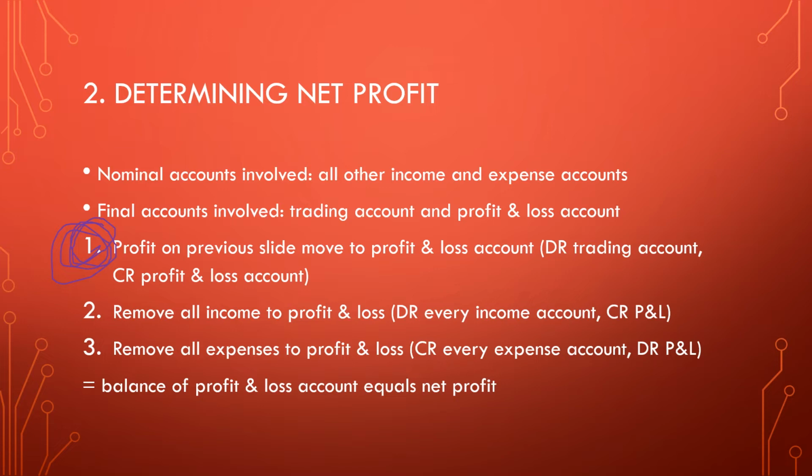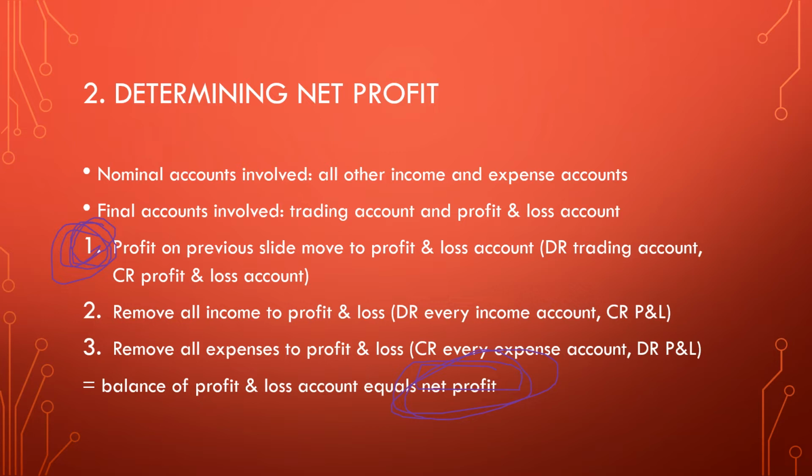Close off all your other expenses, number three. Put them all into the profit and loss account. Balance out the profit and loss account. That is your net profit, final profit for the year. And that's step number two in a bit more detail. So you take your trading account profit, move it into profit and loss, move all your income and expenses into profit and loss, balance out profit and loss, and you get your net profit for the year.